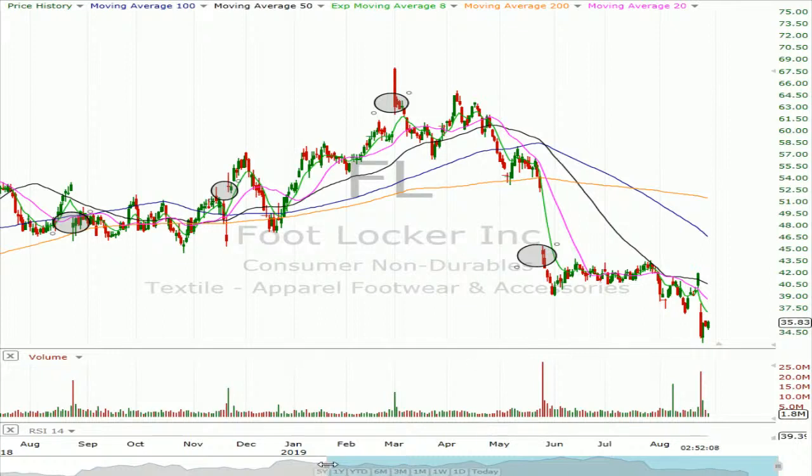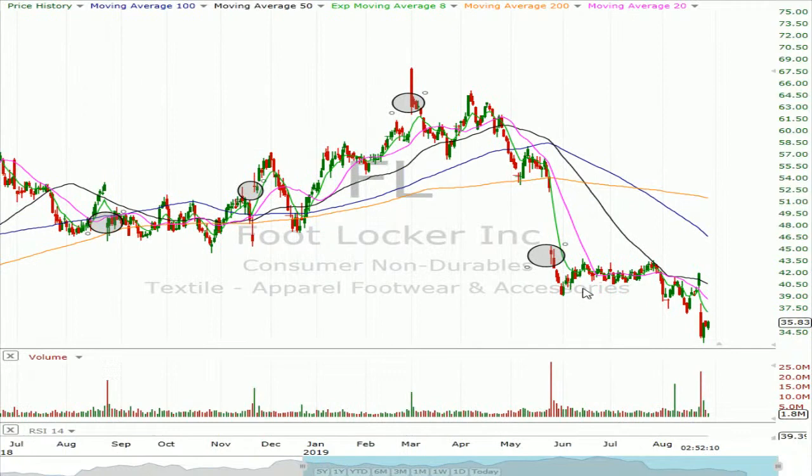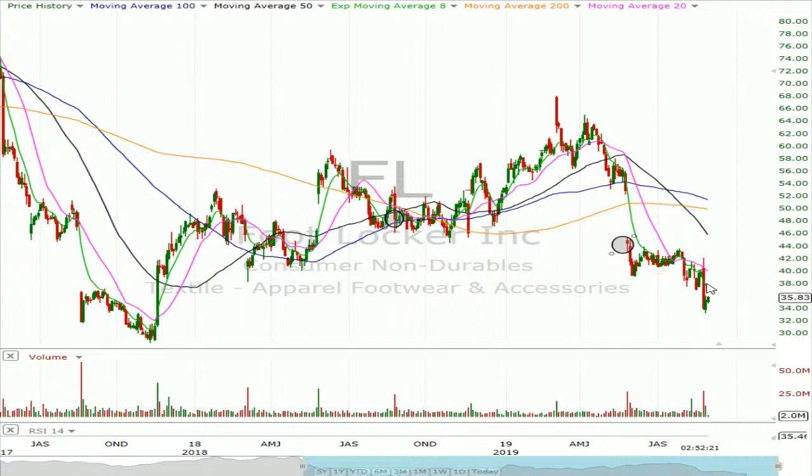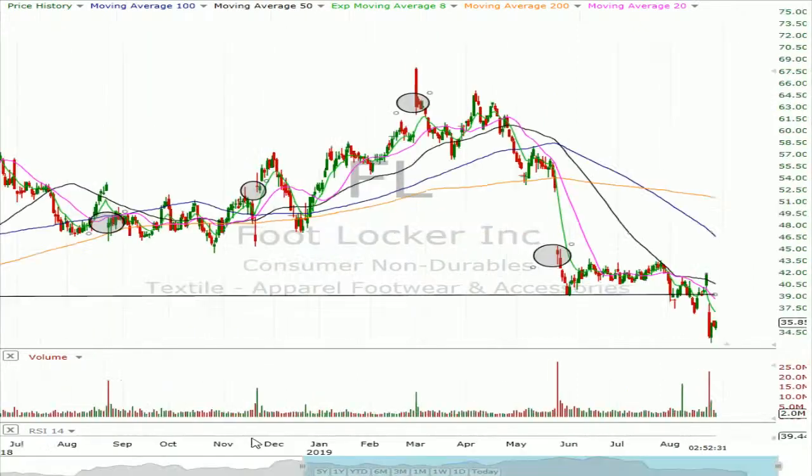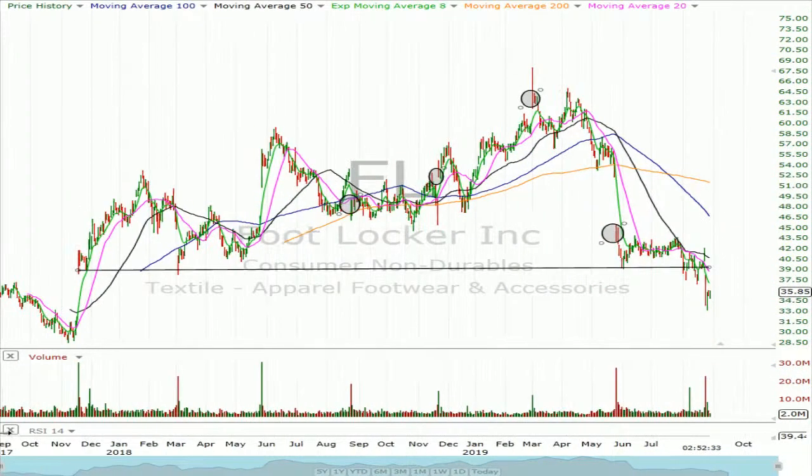Now, technical picture: this stock got hit very hard on its most recent print going in, and it was in a tight consolidation above what was a pretty critical long-term area of support. It was in a relatively tight consolidation above 40, and what you'll recognize when I go back to the daily is that there is a well-defined gap underneath.